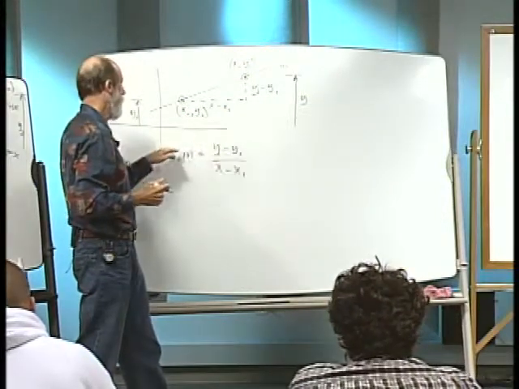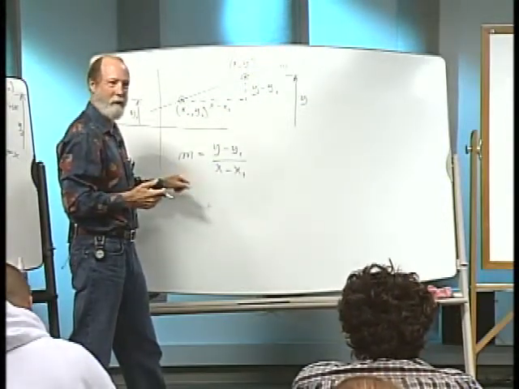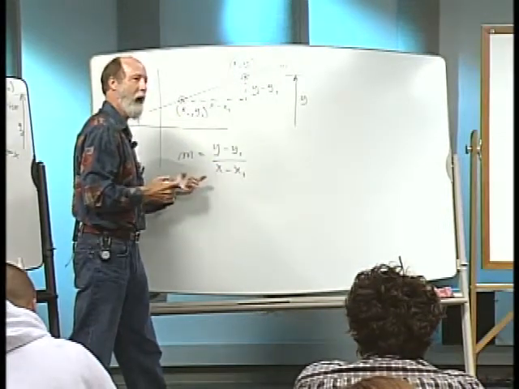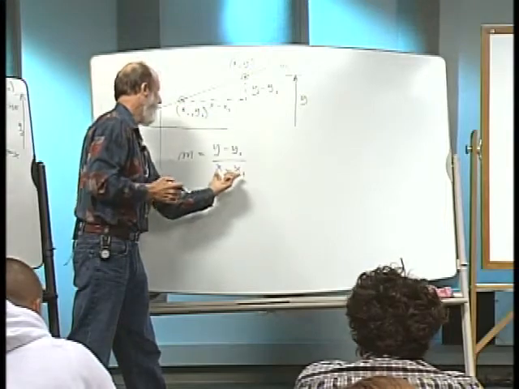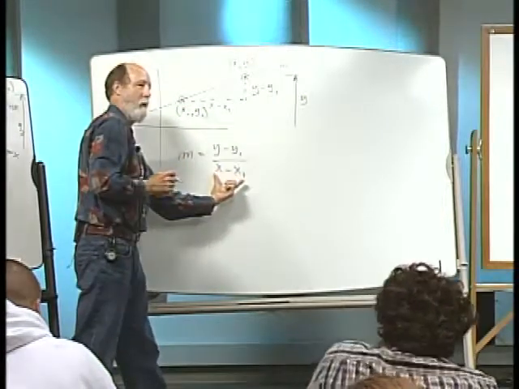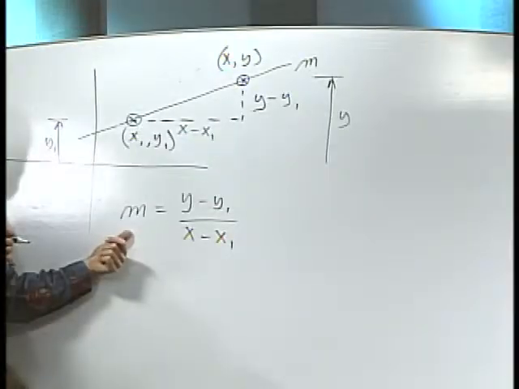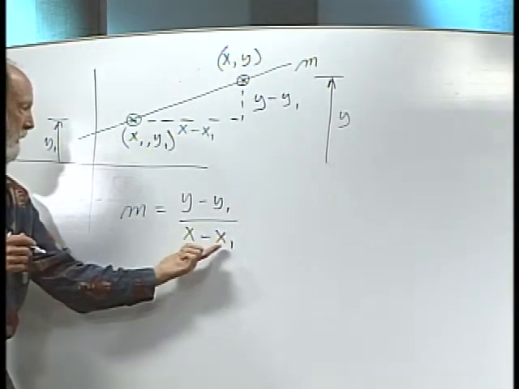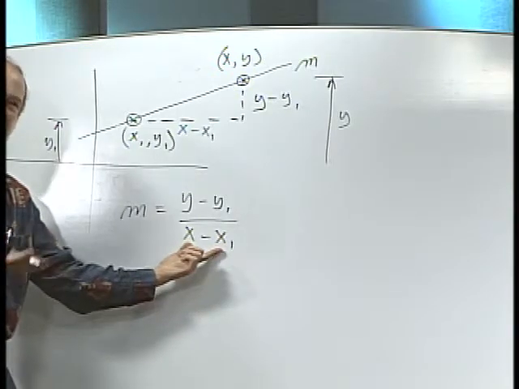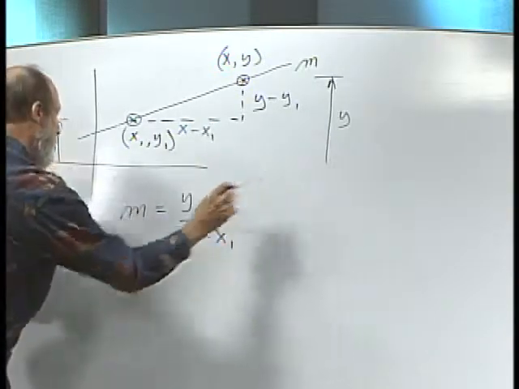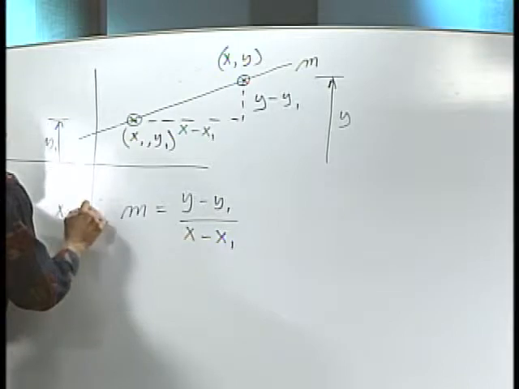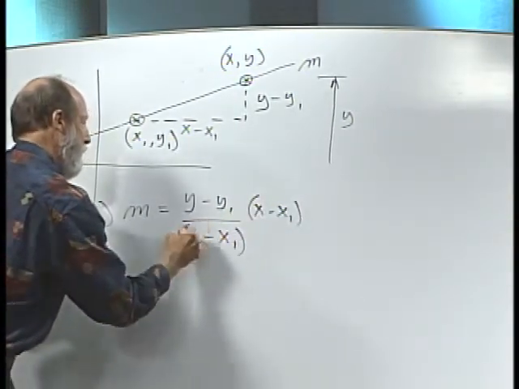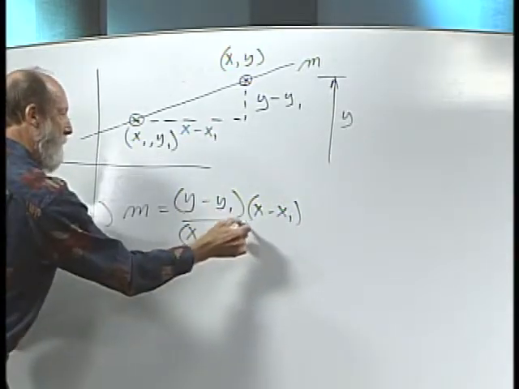Now this is called a fractional equation because it's got a fraction in it. So if I want to clear the fractions, I multiply both sides by the common denominator. What's the denominator over here? 1. This is m over 1. What's the denominator here? x minus x1. So if I multiply both sides by x minus x1, what happens here?